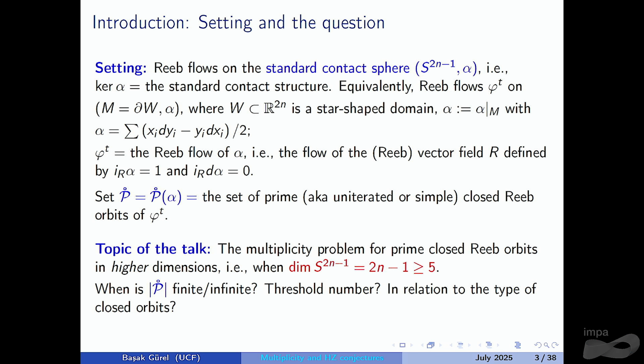We're going to be interested in the multiplicity problem for such orbits in higher dimensions, essentially dimensions greater than or equal to 5.